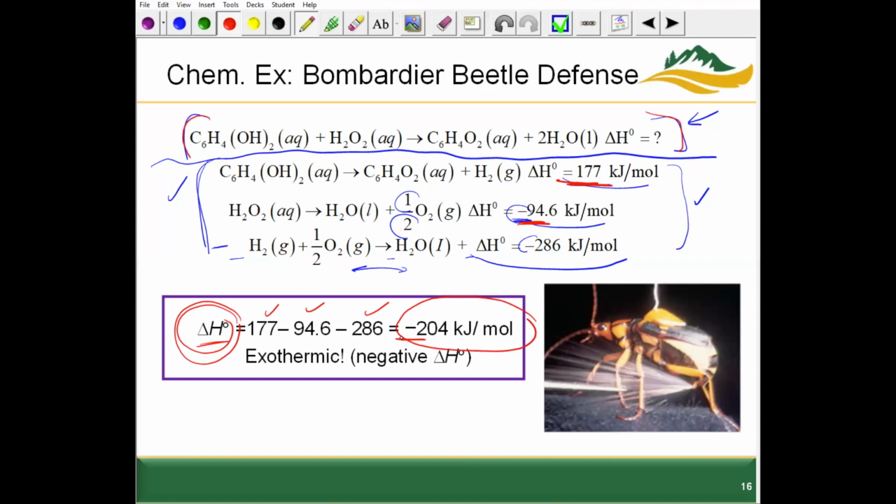Just as another review here, a negative delta H is going to be an exothermic process, right? Even for the standard enthalpy of the reaction, the signs still hold true. So negative sign here, an exothermic reaction overall.